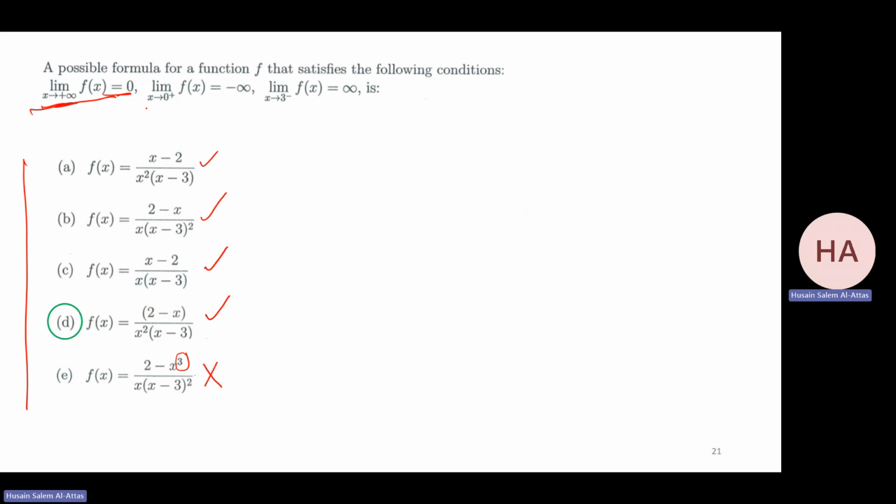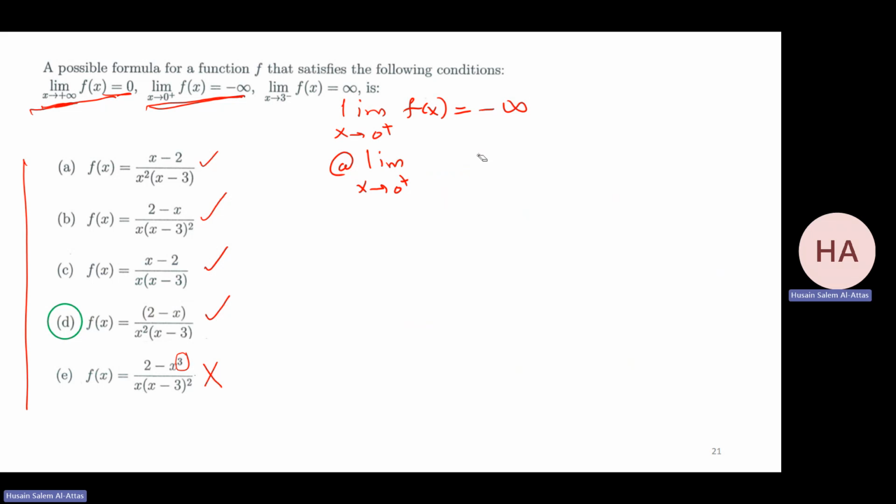Okay, let us check the other one. The limit as x goes to 0 from the right of f of x should be equal to -infinity. Do it one by one.